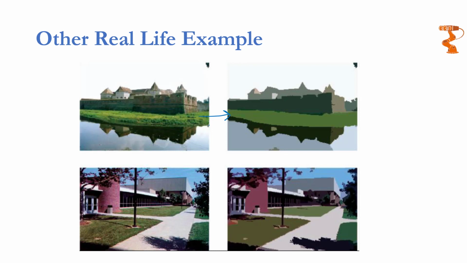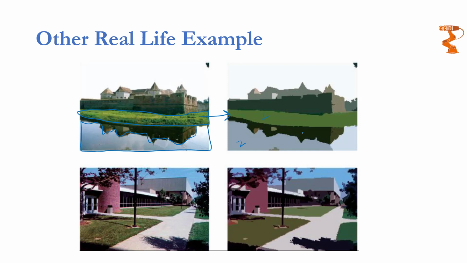So mean shift segmentation knows that this is one region, so it has colored this whole region with one color, that is this one. It has labeled this region with another color, so it is another region.